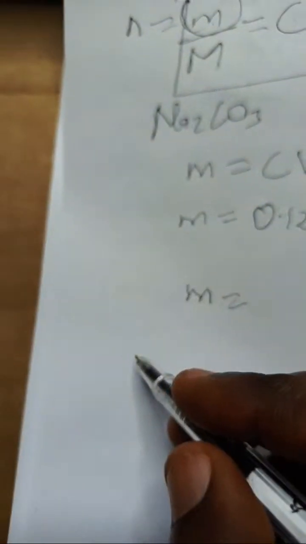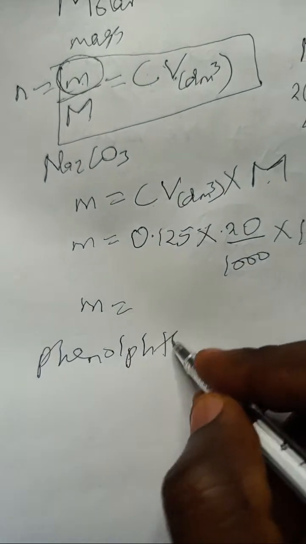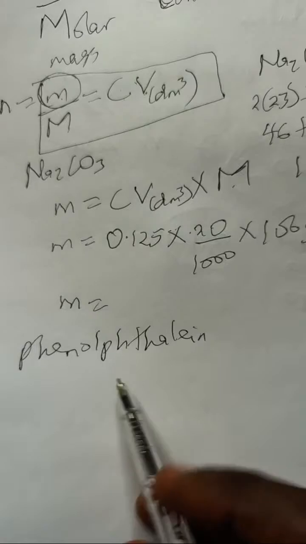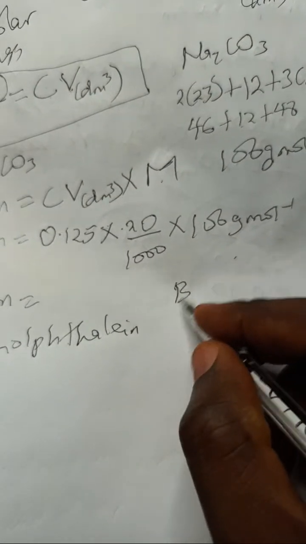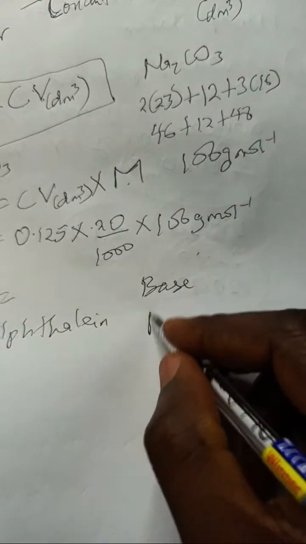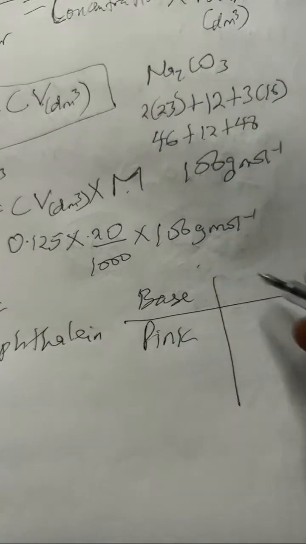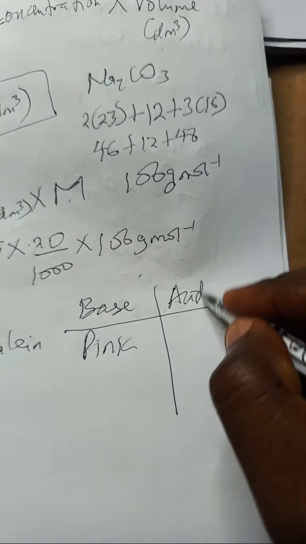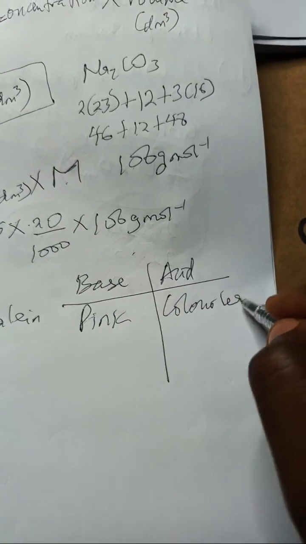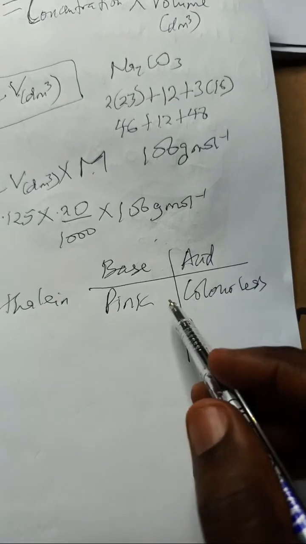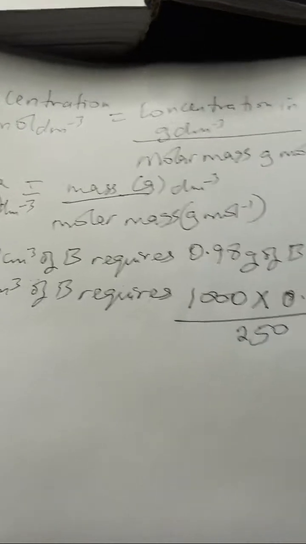So phenolphthalein now will change color in base. The color of phenolphthalein is always pink. It's pink in base. Okay? So when it gets to acid, because after the reaction it goes to acid, it turns colorless. So the indicator will turn from pink to colorless. So that's that. So let's go on, please.